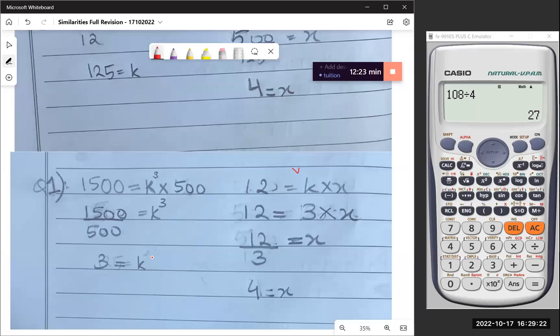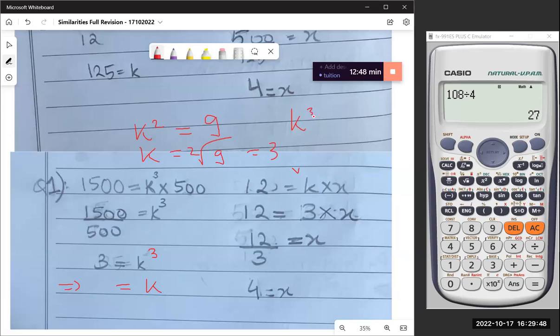Where did this 3 go? So we'll put the 3 again. And now to find k, since this is k cube, how do I find k, Safa? Let's say I have k square is equal to 9, then k will be square root of 9, which is 3.